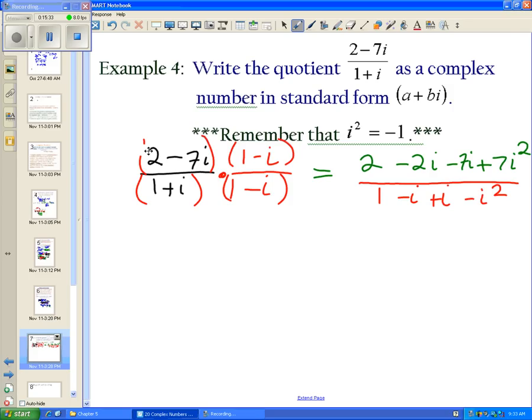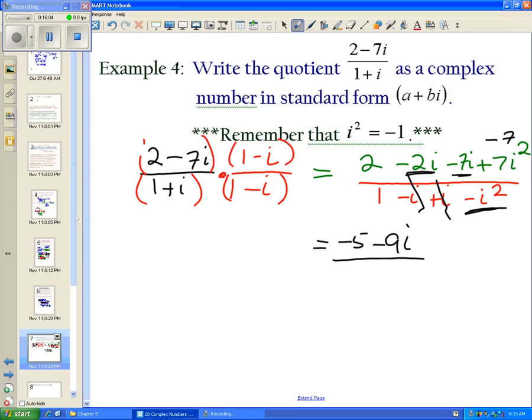Let's simplify. In my numerator, I get 2. Negative 2i, negative 7i is negative 9i. 7i squared becomes negative 7. So 2 minus 7 gives this as a negative 5. I simplified in my head so I don't have to have an extra step. Down here, again, my negative i and my positive i cancel.